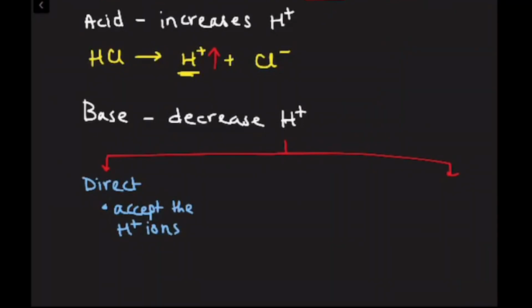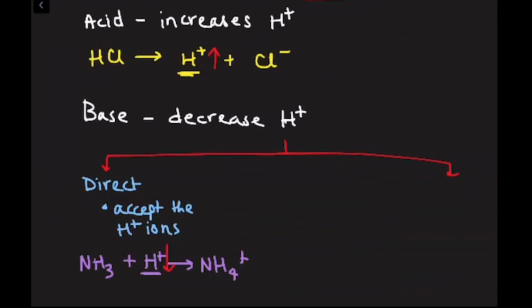An example of this would be ammonia, or NH3. NH3 accepts an H plus ion to become an ammonium ion, or NH4 plus. So by accepting the H plus ion, ammonia directly reduces the concentration of H plus ions in the solution because it's using up the H plus ions to form a new compound.